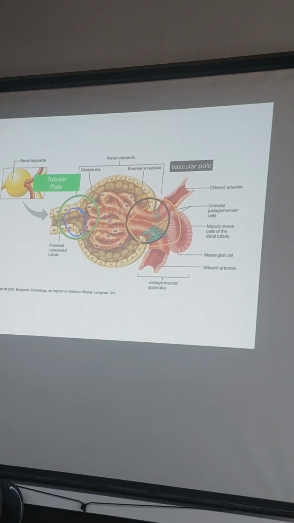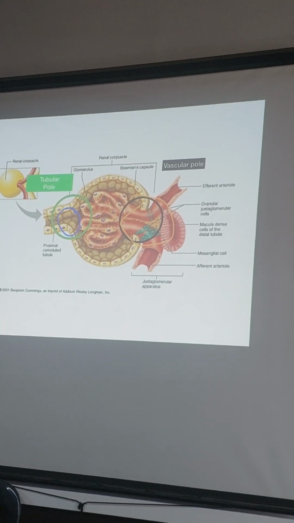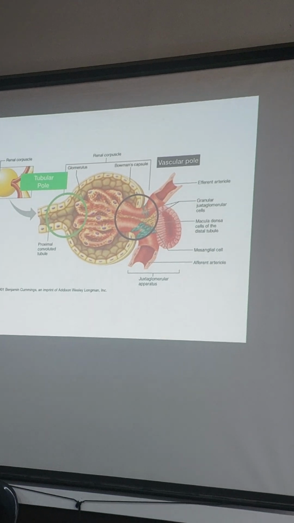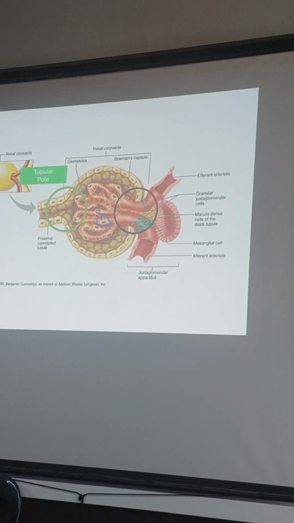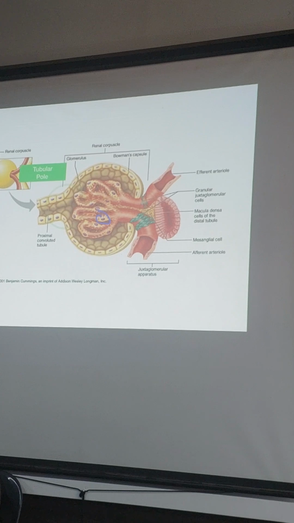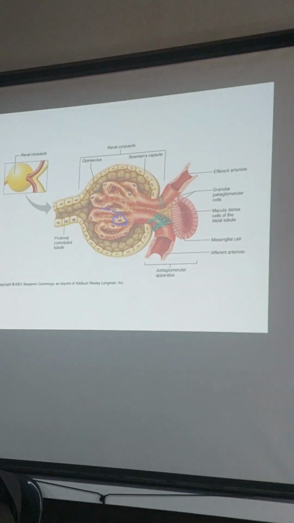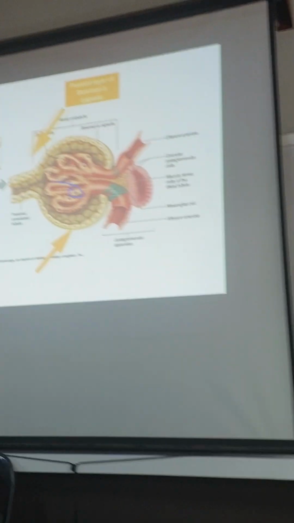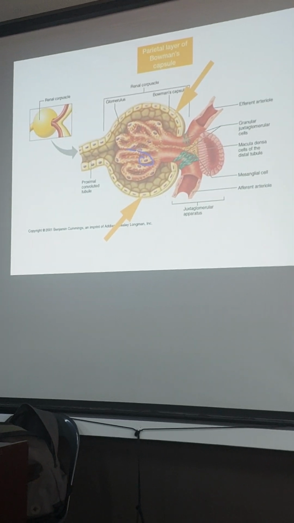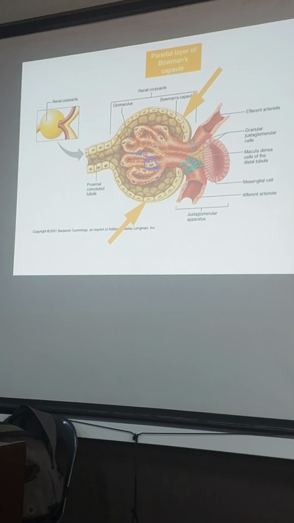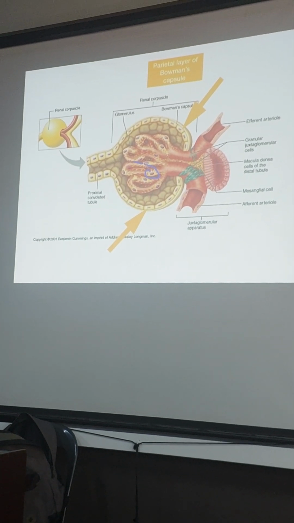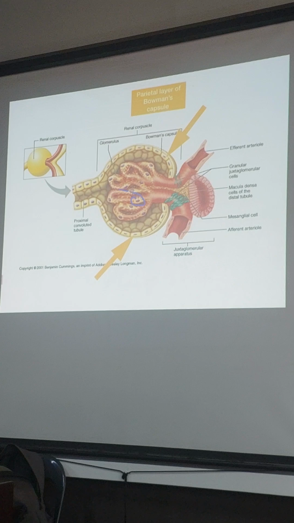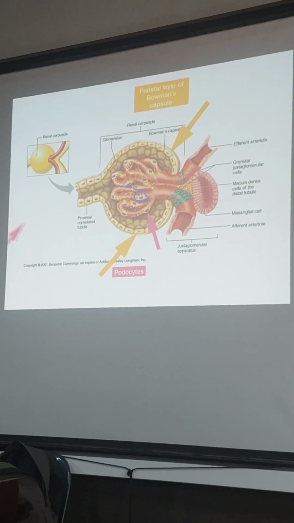And if we look here at the glom, we see these bright yellow cells. These yellow cells have little cytoplasmic extensions, which we call pedicels, or foot processes. In between the foot processes, there's a little space. That space is called the filtration slits.